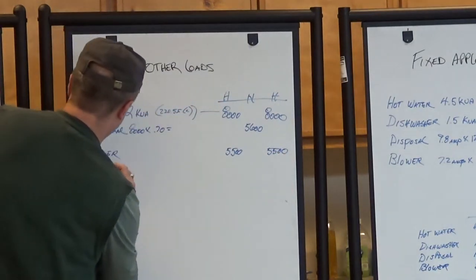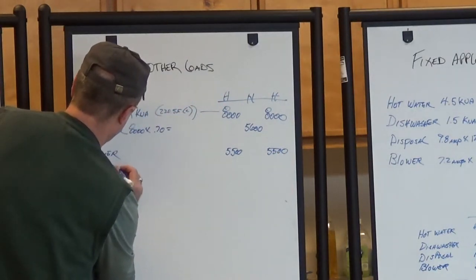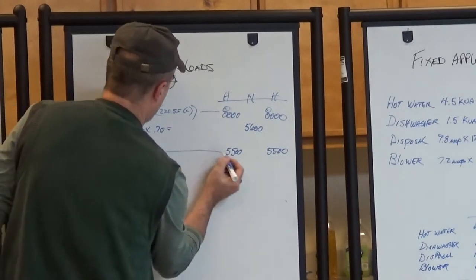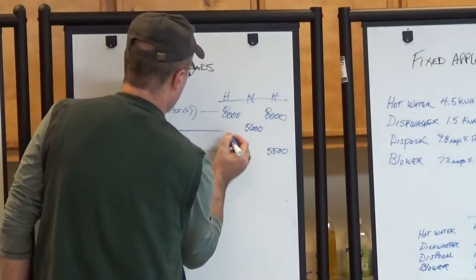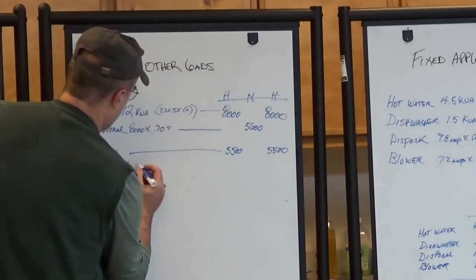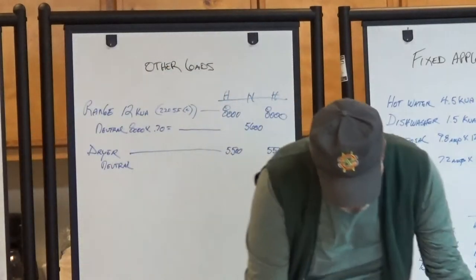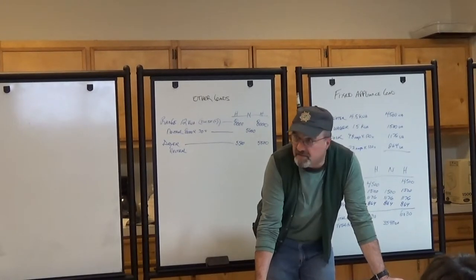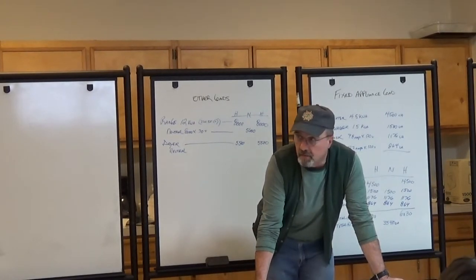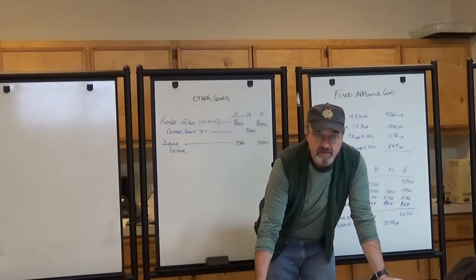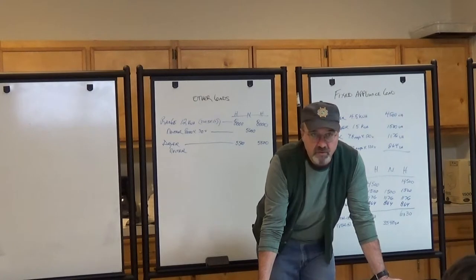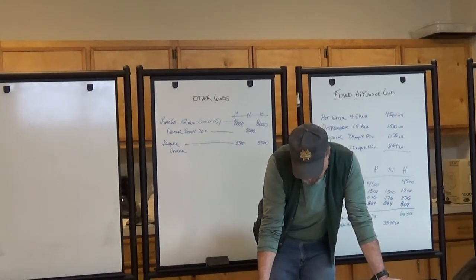And then the neutral is going to be, again for the dryer, because what do we got? We got a light inside the dryer, we got the timer, we got a light on the control panel of the dryer. So that's a 120 volt circuit, so we have to run a neutral to the dryer. And so we are looking at article what?